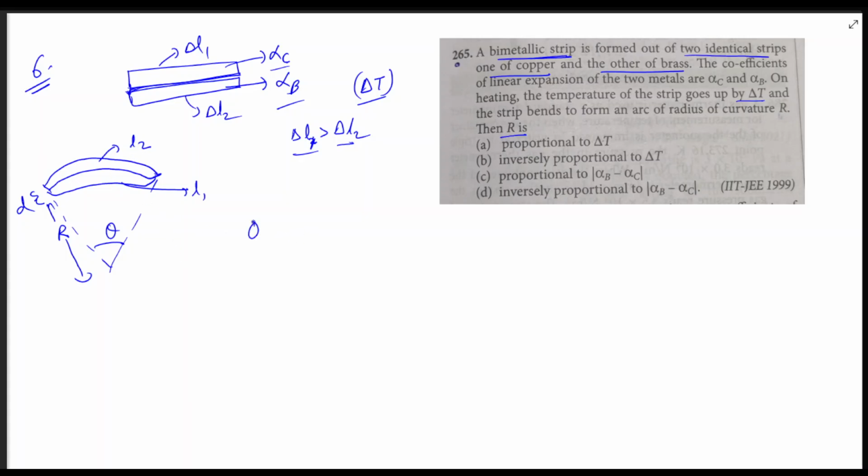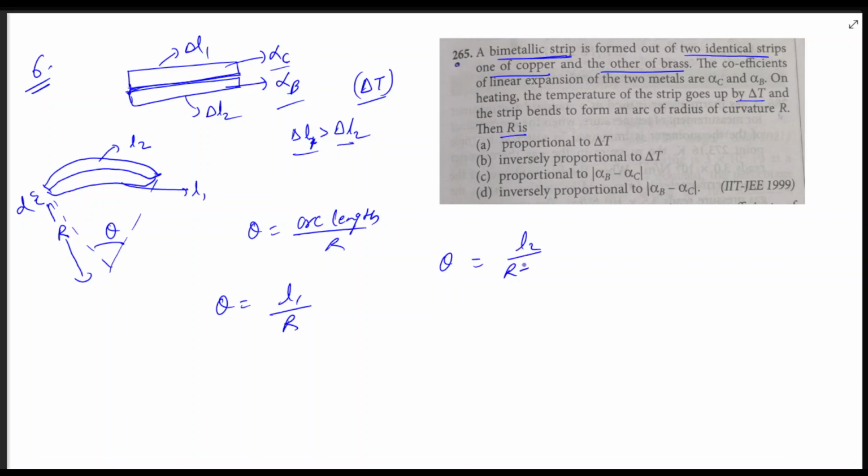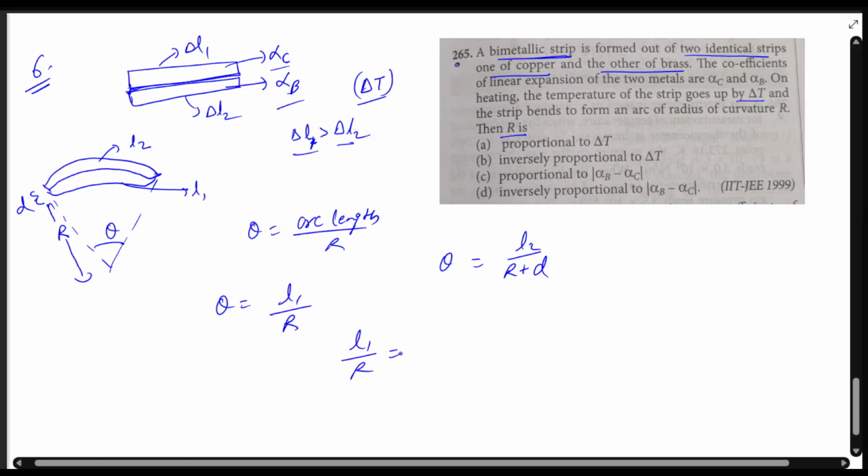We know theta equals arc length by R. So for L1, theta is L1 divided by R simply. And for the other, theta will be L2 divided by R plus D, where D is the thickness of the strip. So if they are equal, we write simply L1 by R equals L2 by R plus D.